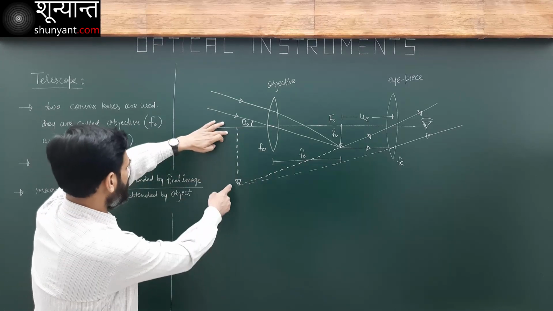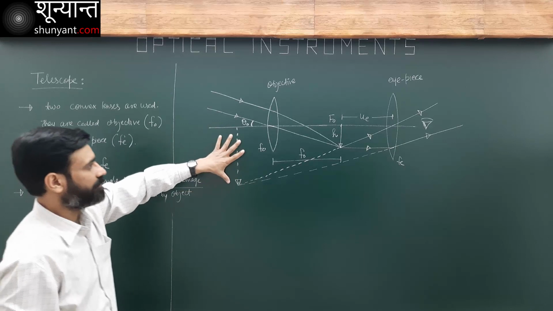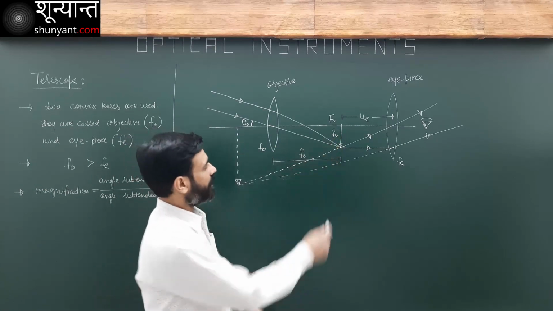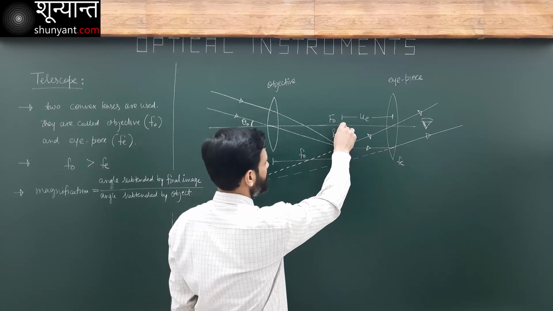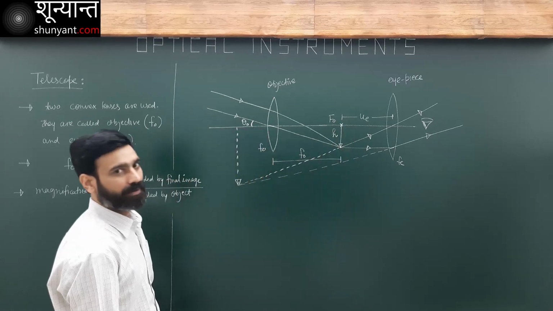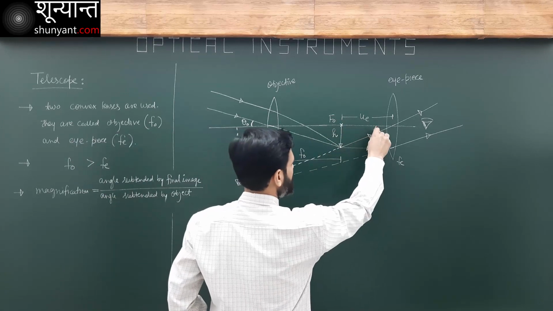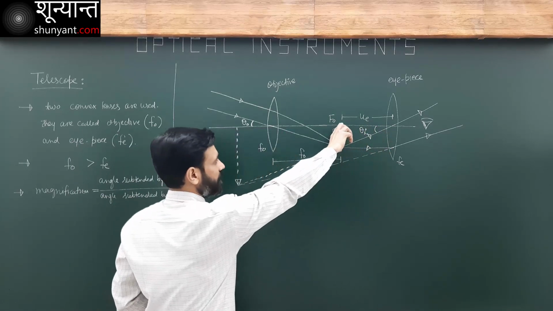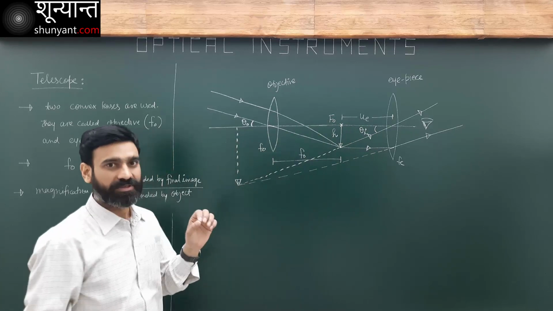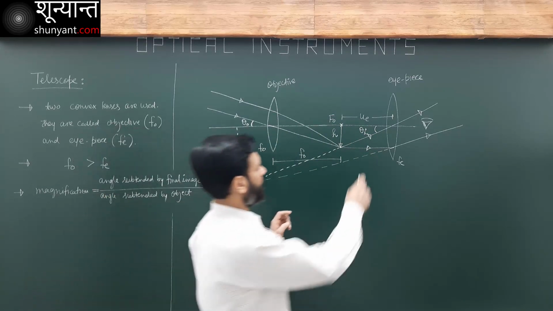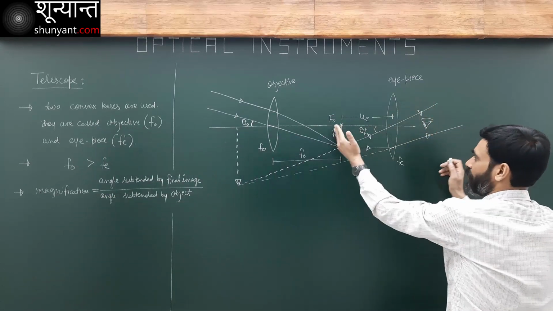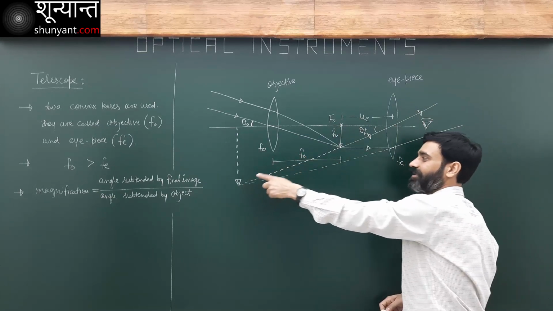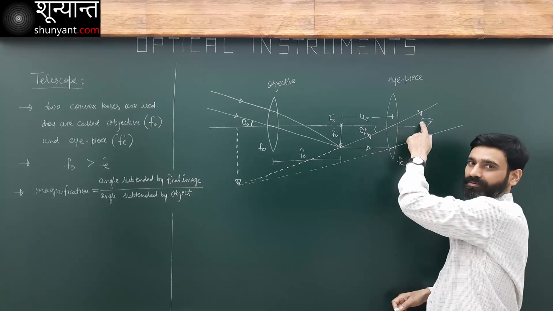Now this is the final image, and this is the intermediate image here. The angle made by this intermediate image and by the final image is going to be the same. For this lens, this is the object, so whatever angle the object makes, the image also makes the same angle at my eye.